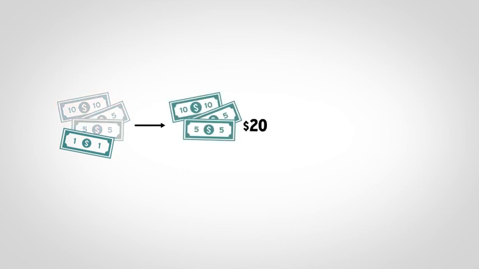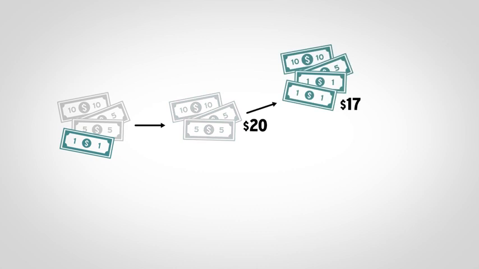Let's say in your physical wallet, you have 2 $5 bills, one $10 bill, and one $1 bill. Let's say you want to spend $17. You will need as your input the $10 bill and 2 $5 bills. Only then can you spend $17.